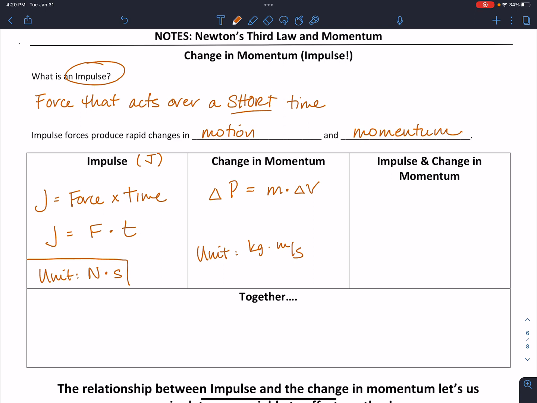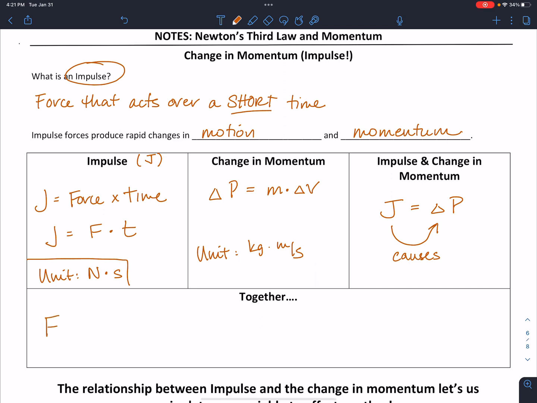All right. Now, because the impulse causes the change in momentum, we can set those two variables equal to each other. So impulse equals the change in momentum, and that is because that impulse force causes that change in momentum. So now I can take my two original formulas and set those two together.